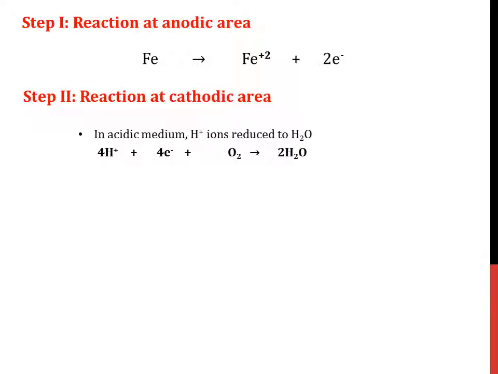The electrons released at the anodic area will migrate to the cathodic area and reduction takes place. The liberated electrons, when they move towards the cathodic area, are responsible for various cathodic reactions. That may be represented as follows.